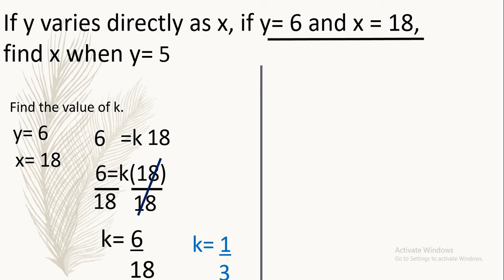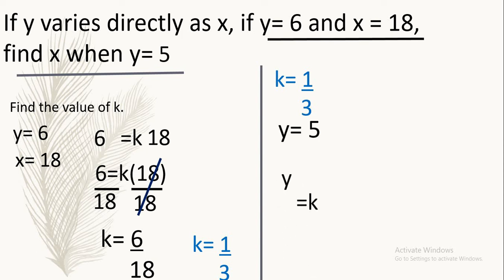Okay? So, this time, pwede na natin kunin ang value ni x when y is 5. So, our given is k is 1/3 and y is 5. And use the equation y is equal to kx. Alright, so hindi naman nababago yung equation natin. Then, substitute the value of y, which is 5, and k is 1/3.